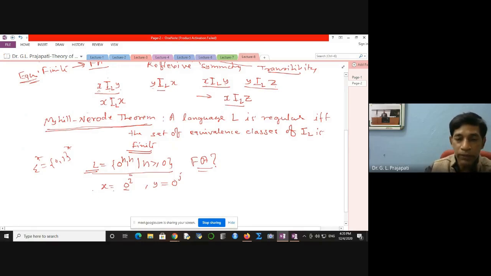Now if you say that the strings X and Y are distinguishable, then you must find some Z for which exactly one of the strings XZ and YZ is in the language.